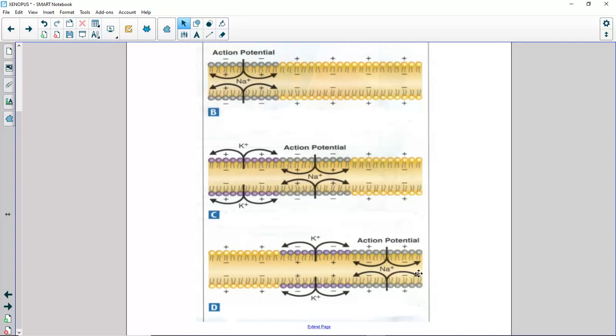In a normal resting state, sodium ions are predominantly outside and potassium are mainly inside. That's resting membrane maintained by the sodium-potassium pump. But following depolarization, that's sodium influx, and repolarization, potassium efflux, it's reversed. So before the neuron can fire again, the resting potential must be restored, as we said before.